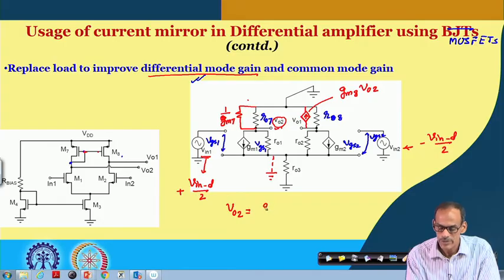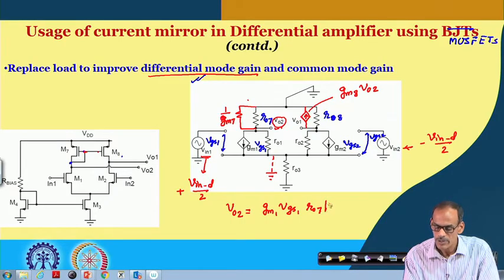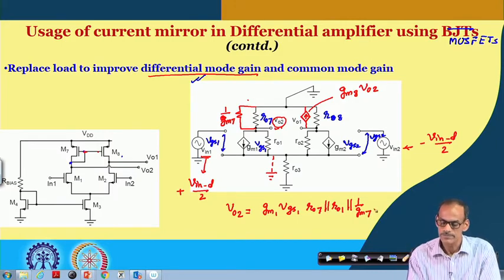can be written as GM1 into VGS1, multiplied by RO7 in parallel with RO1 in parallel with 1 by GM7.